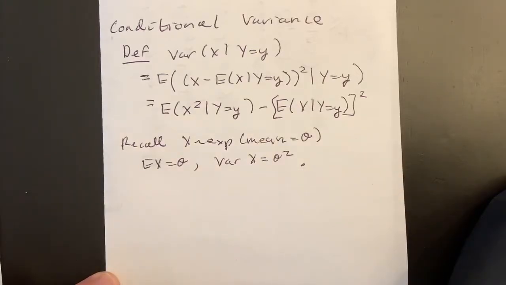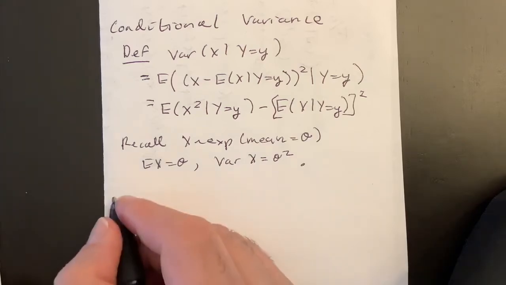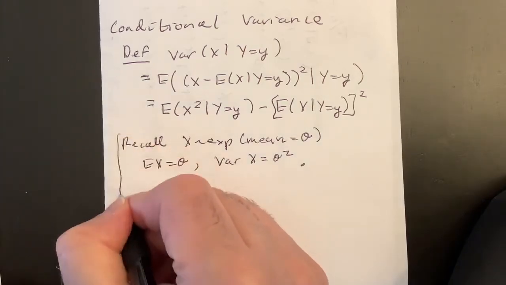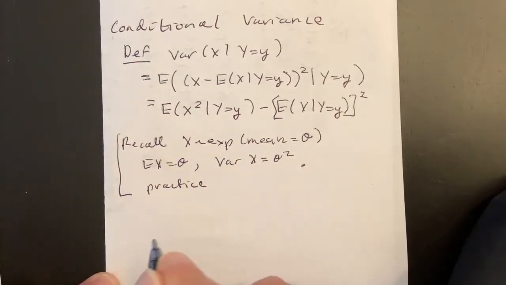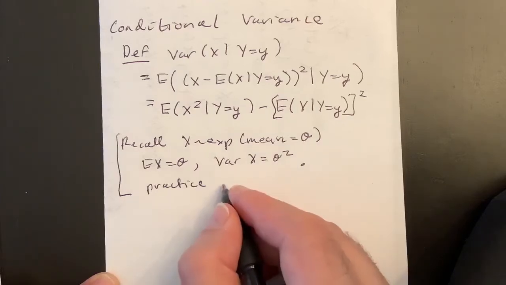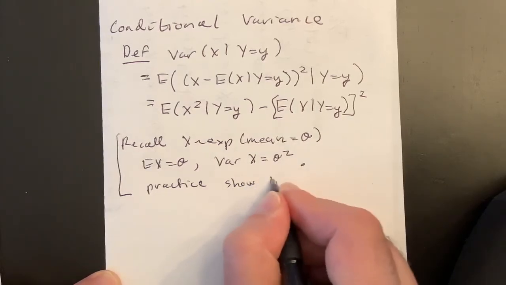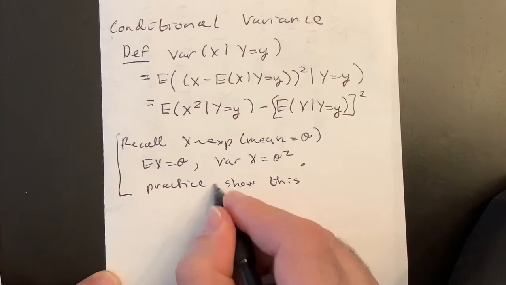All right, so we have this property. This is practice, just trying to make it clear. I did it out here, but I think I'm going to leave it out now that I think about it. Practice, show this. It's really Math 217.